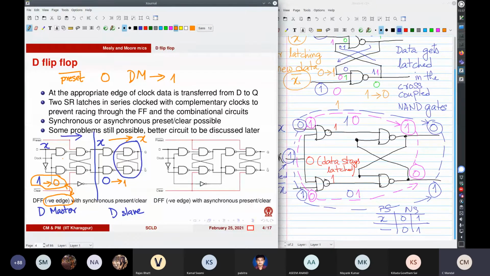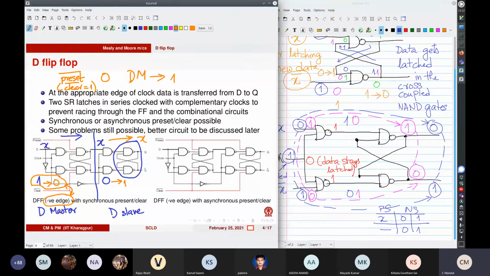So let me put it this way, that clear bar is equal to 1. All right, so preset is 0. So clear bar doesn't have any effect because it is forced to 1.